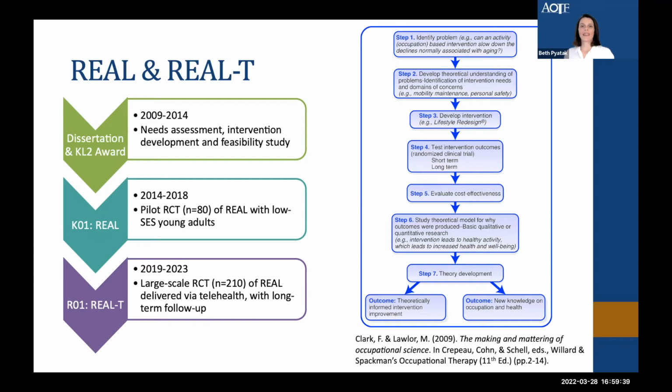So the beginning is really understanding a problem through a robust needs assessment, developing an intervention to address those needs, testing the efficacy, the effectiveness, the cost effectiveness, all of these components to go on and inform both theory development and new knowledge related to occupational therapy interventions.